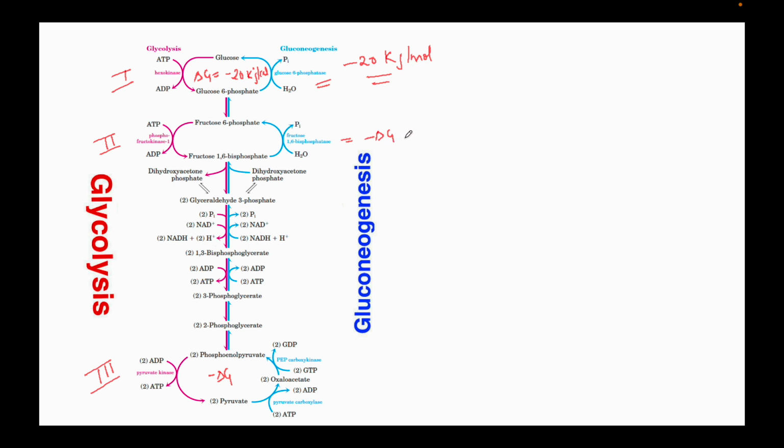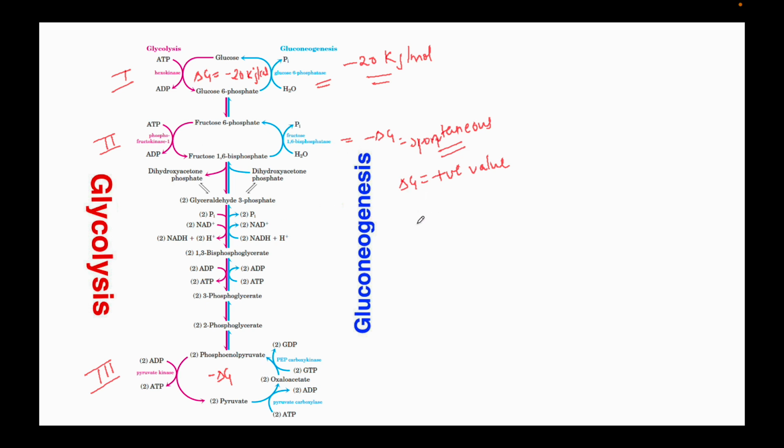When delta G is negative, we consider the reaction spontaneous. Spontaneous reactions occur in the cell, and when we reverse this reaction, the delta G becomes a positive value, which is not possible in the cell.